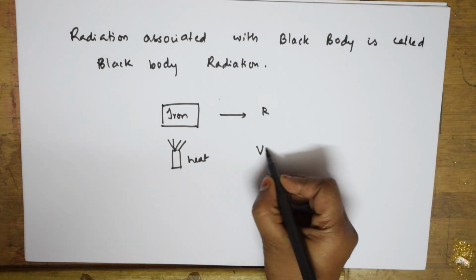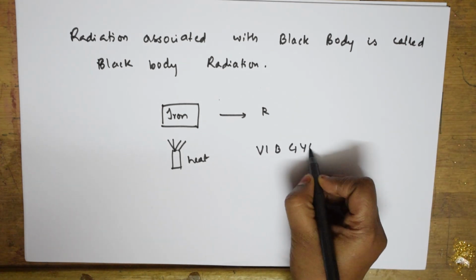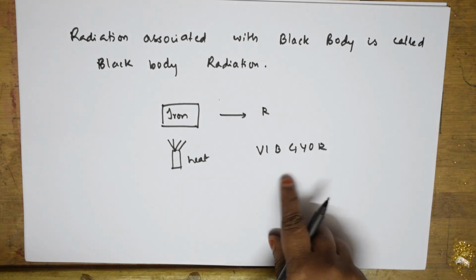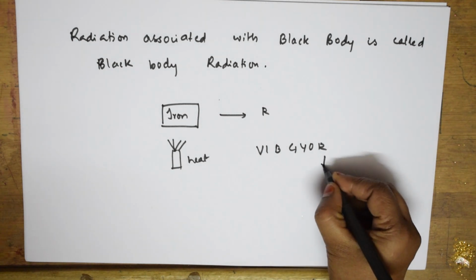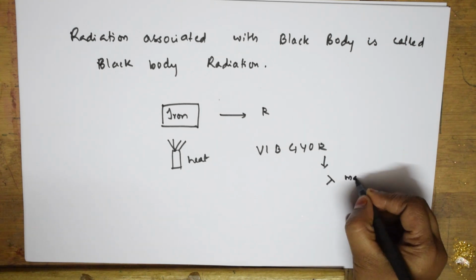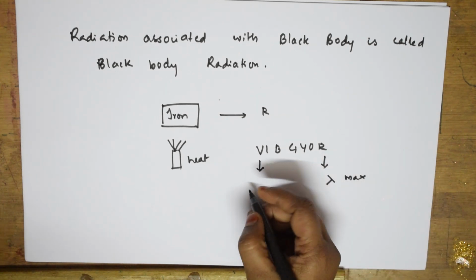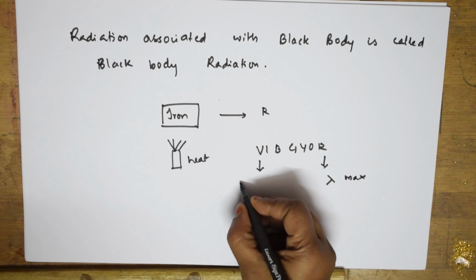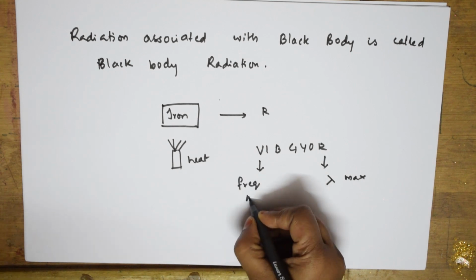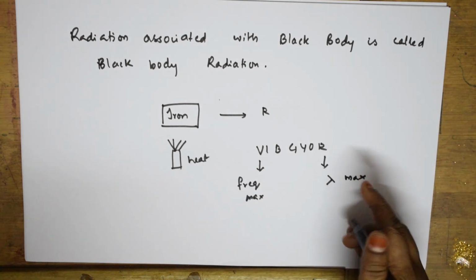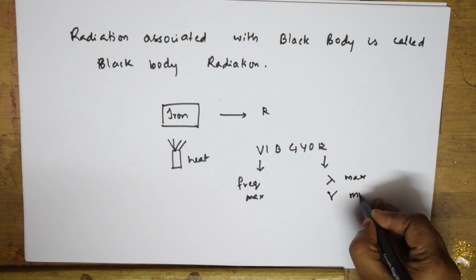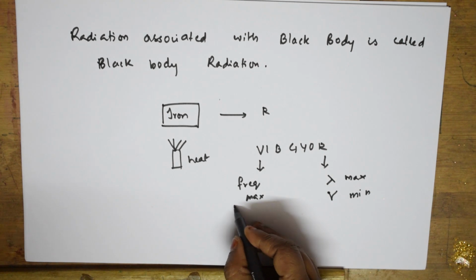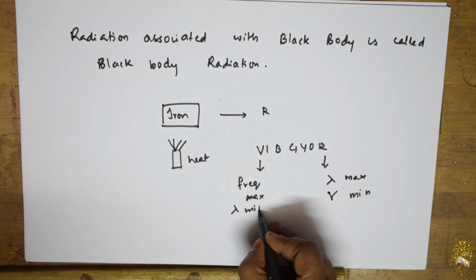Now this is our VIBGYOR spectrum. In this spectrum, for red the wavelength is maximum, and for violet the frequency is maximum. In other words, here frequency is minimum and here wavelength is minimum.